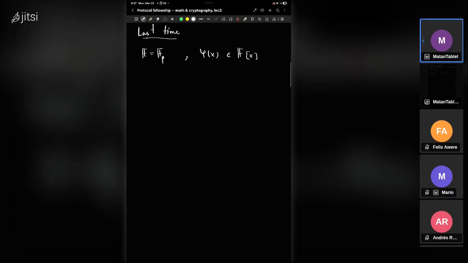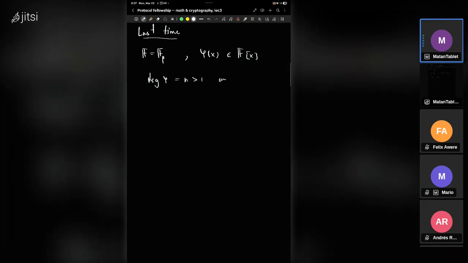We took a field, F_p, the field of residues of modulo p integers, and we took phi to be a polynomial over the field of degree n, let's say bigger than 1, and phi is prime.